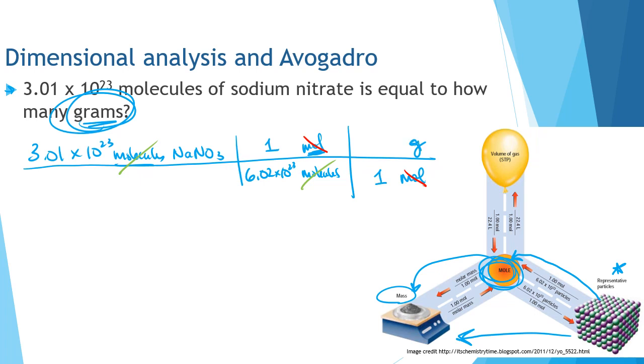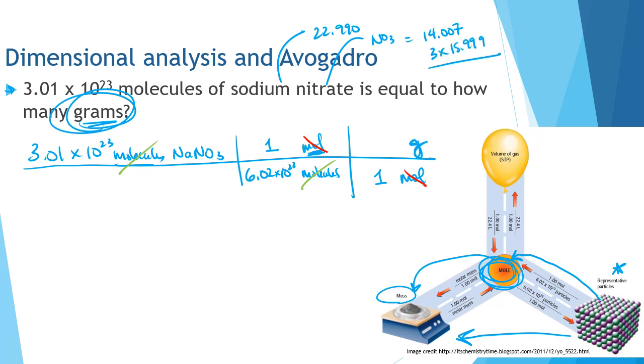1 mole is how many grams of sodium nitrate? Well, I'm going to have to go look at my periodic table. Sodium is 22.990. Nitrate is NO3. So that's 1 nitrogen, which is 14.007, and 3 oxygens, which is 15.999.